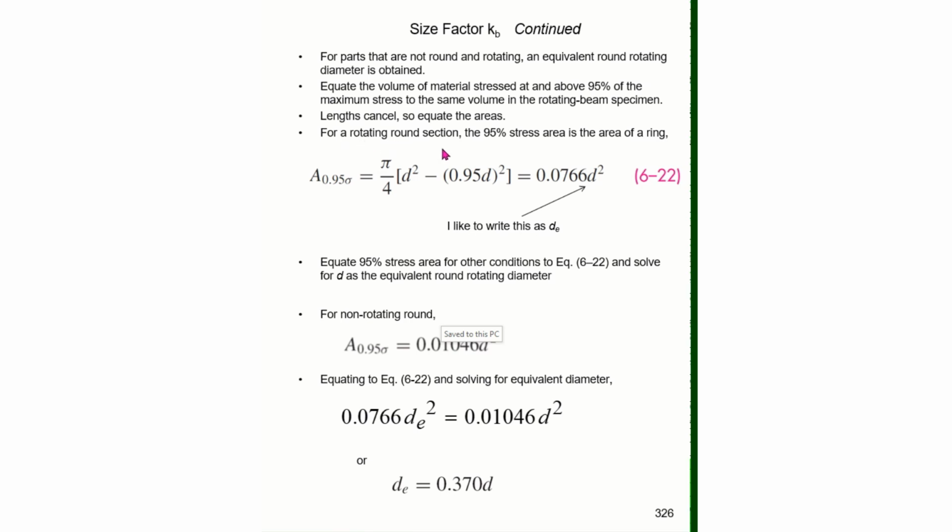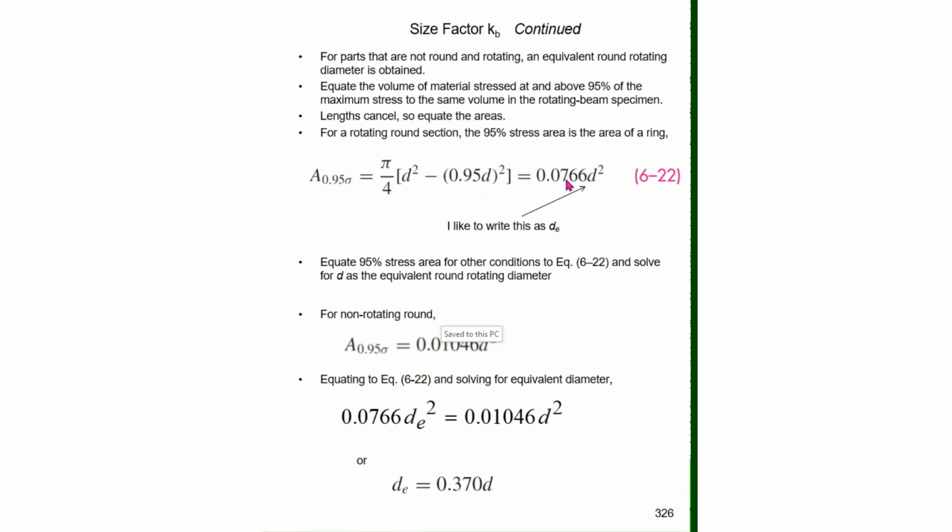So for a round rotating section, the 95% stress area is the area of a ring. If I have a bar that is circular and it's rotating, the area that sees 95% of the stress is given by this expression here, where I have d squared minus 0.95 d squared times pi over 4.